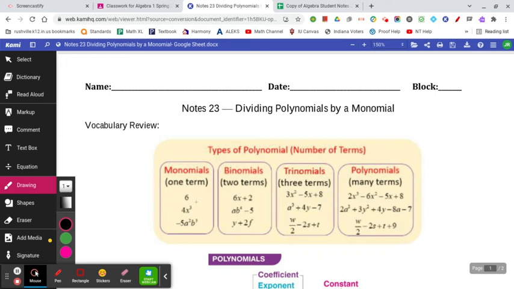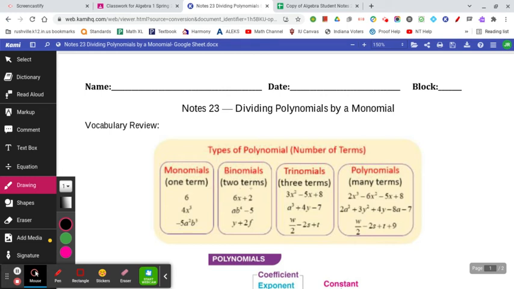Notice with all of these, it's just a single term. We're not adding or subtracting anything after it. We have some multiplication, 4 times x to the third power, but we do not have any addition or subtraction. We do have a negative coefficient, a negative number out in front, but we're not adding or subtracting it to anything.